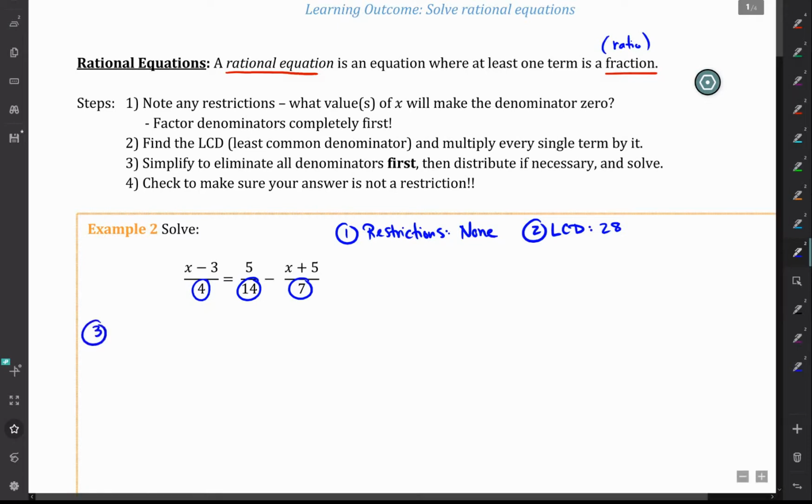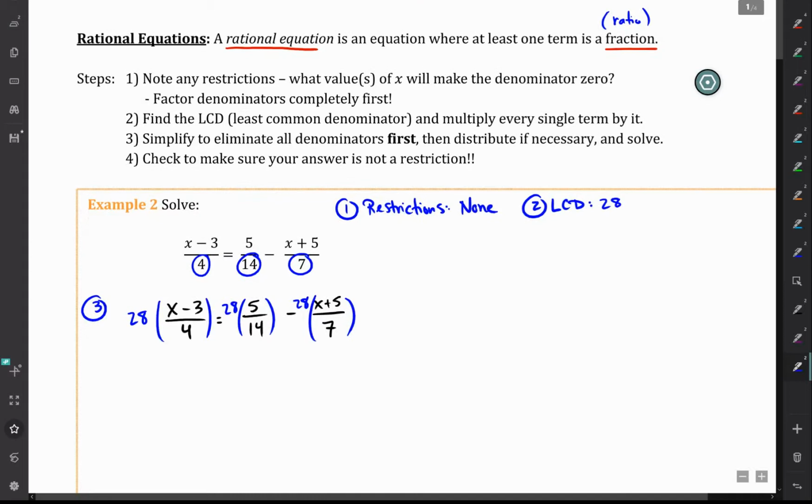So step 3, what we're going to do is rewrite the equation. (x minus 3) over 4 equals 5 over 14 minus (x plus 5) over 7. And we're going to multiply everything by 28, the entire equation, which is the LCD.